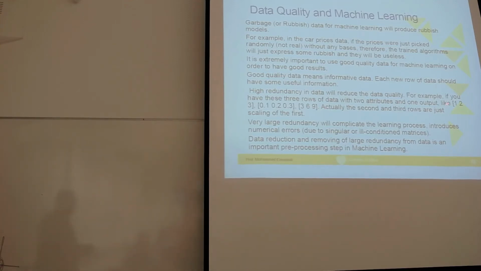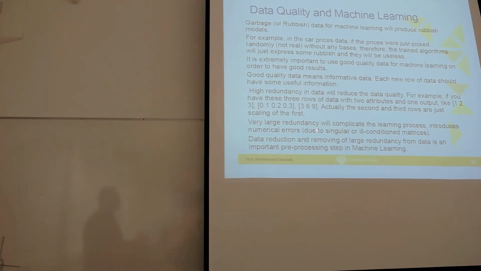If you multiply by 0.1, you get this one. If you multiply by 10, or by 3, you get the same set. So it is useless. And sometimes you have huge data, but most of it is just duplication or redundant data. So it is very important to think about how to reduce the size of the data.